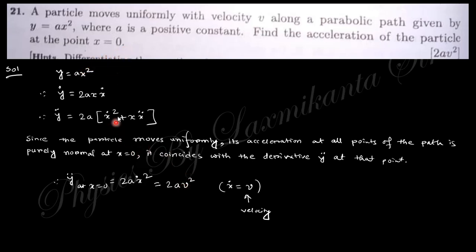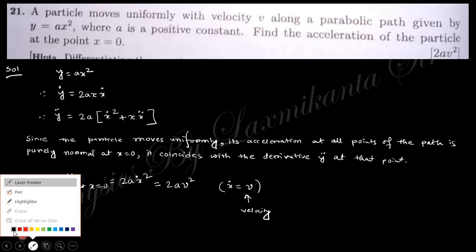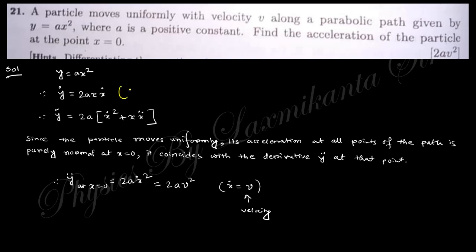So here y equal to a x square. Taking the derivative with respect to time, we get y dot equal to 2a x x dot.